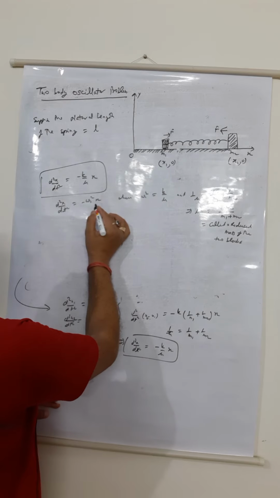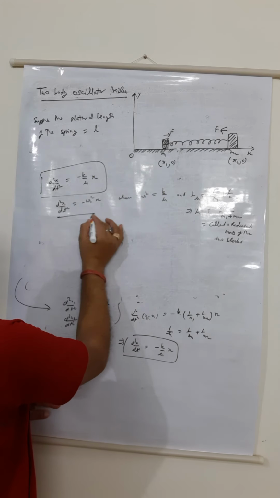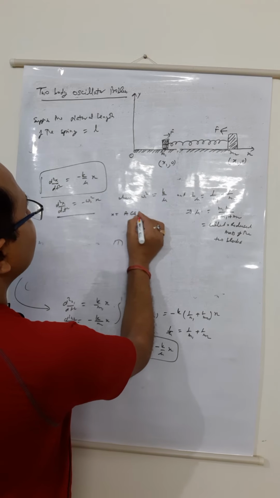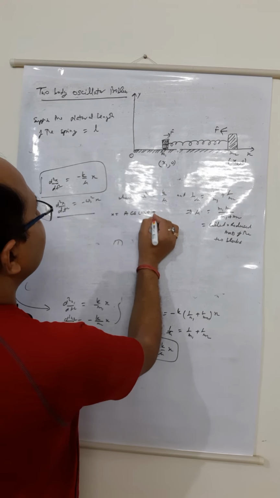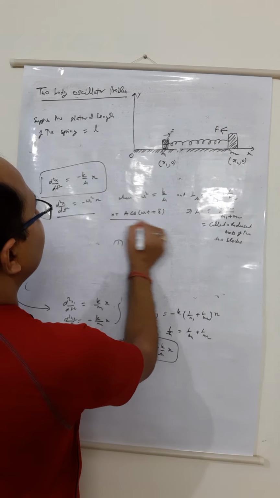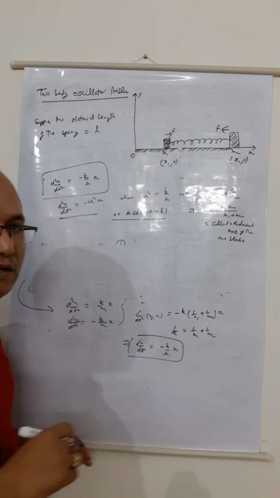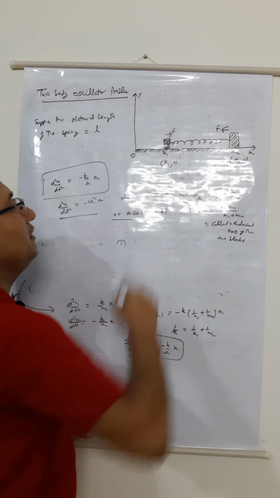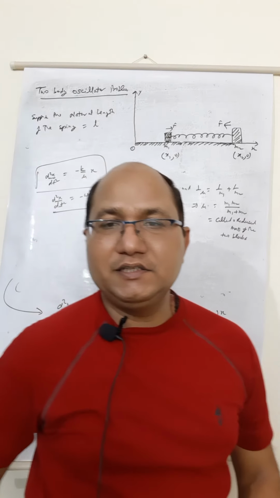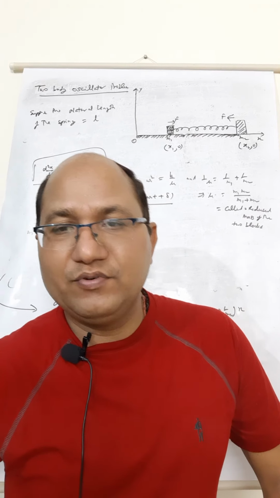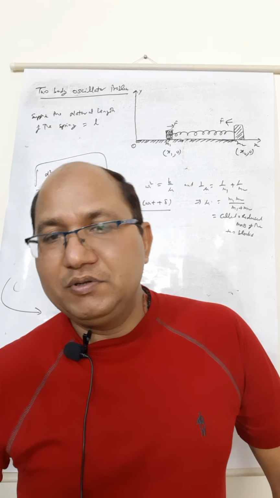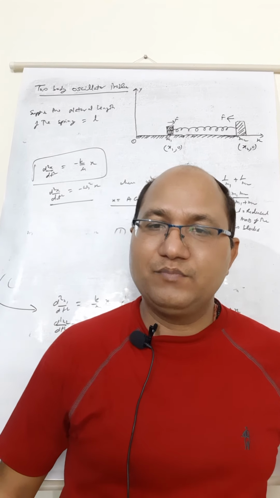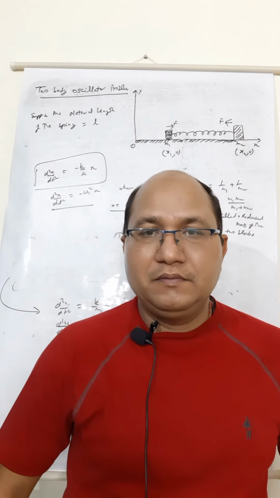So this is the differential equation, and its solution comes out to x equals a cos of omega naught t plus delta. This is SHM, because we have assumed a frictionless surface, so there are no dissipative forces acting during the oscillation on the entire system or both blocks.